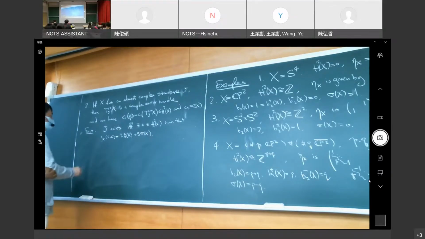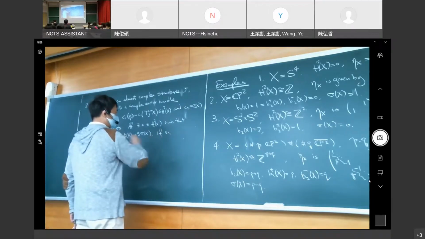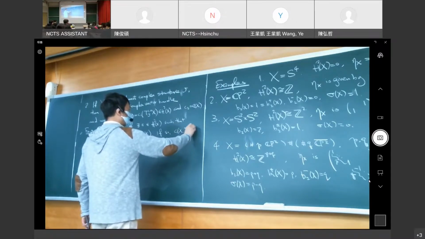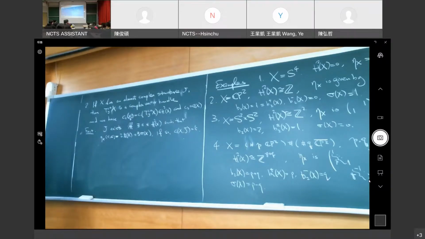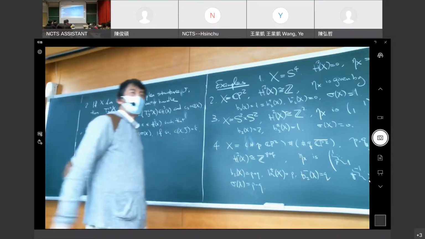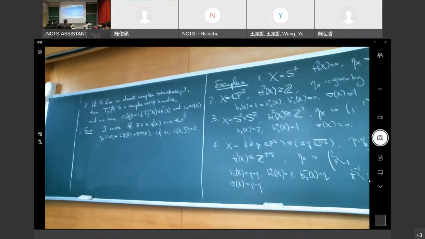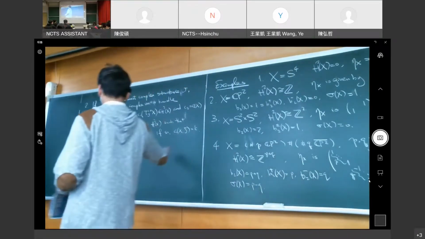Now, if that exists, then C1 of X with that almost complex structure is precisely C. So you see, again, all the information is given by the intersection form.